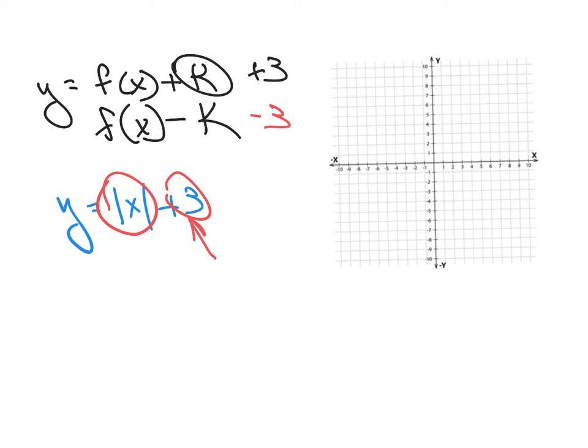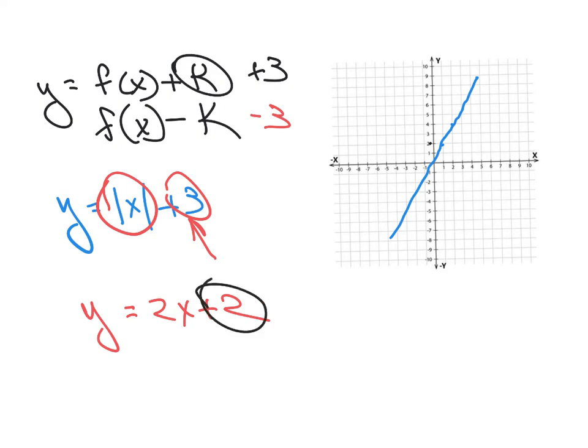If I had something like y equals 2x plus 2, that means we graph the 2x like I have right here. And then, because of this 2 here, it shifts up 2. So now the actual graph of 2x plus 2 looks like that, like the black line, because this tells me the slope. This tells me how far above or below the origin that line goes.